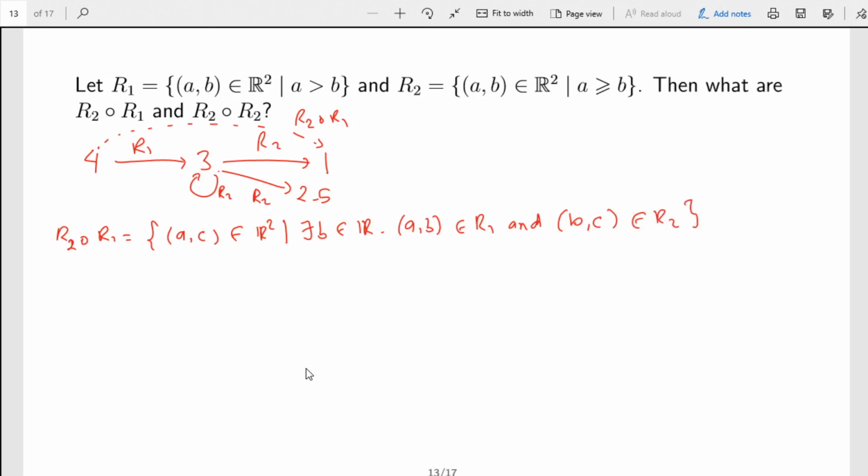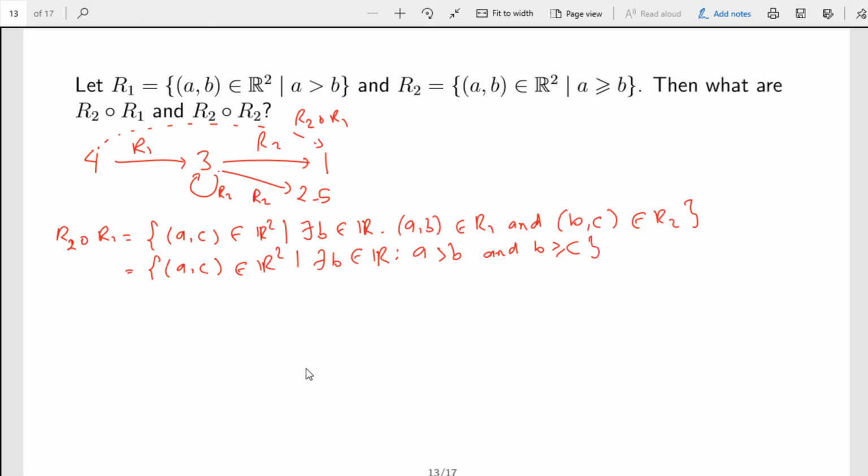This is the same as the set of pairs of real numbers (a, c) such that there is a real number b with a greater than b and b greater than or equal to c.